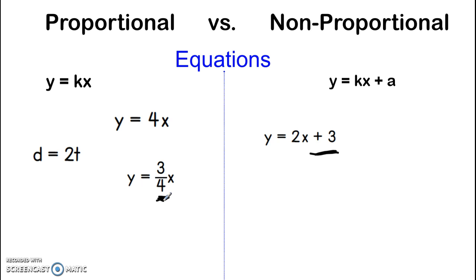It can be a rational number. And one more non-example, y equals 0.75x plus 5. So this is a non-proportional equation because it gives us that plus 5 at the end. But k can be a decimal, which is all right as well.